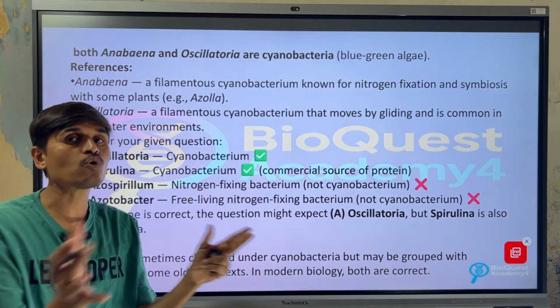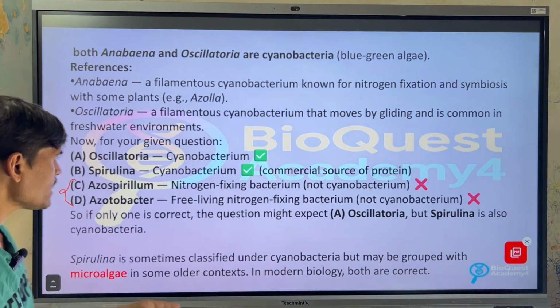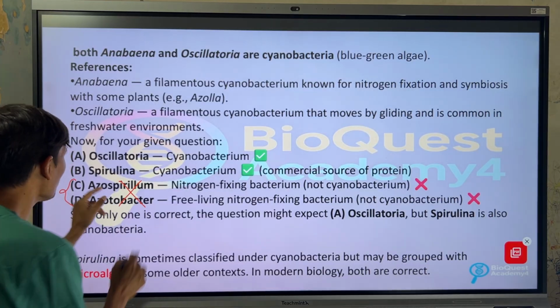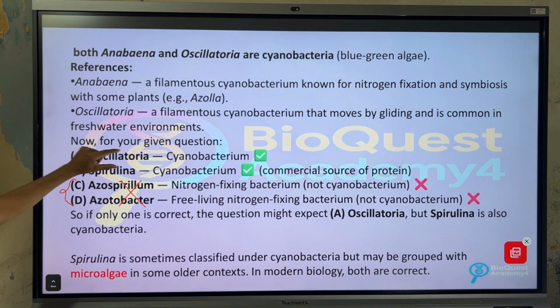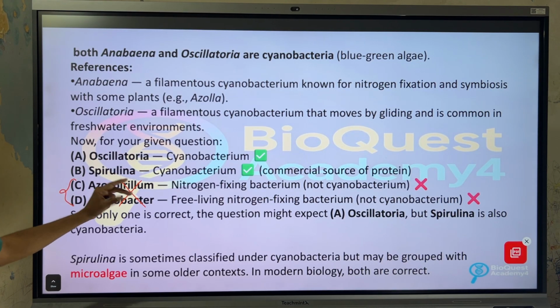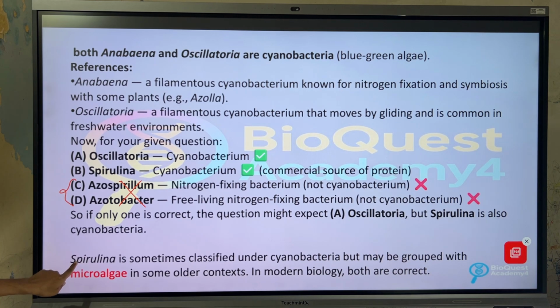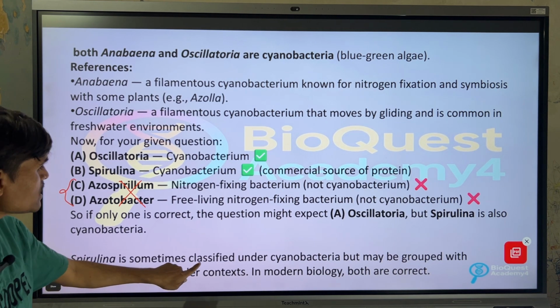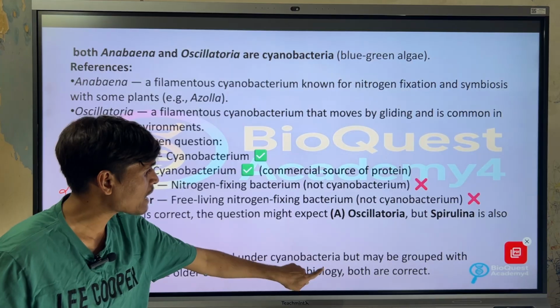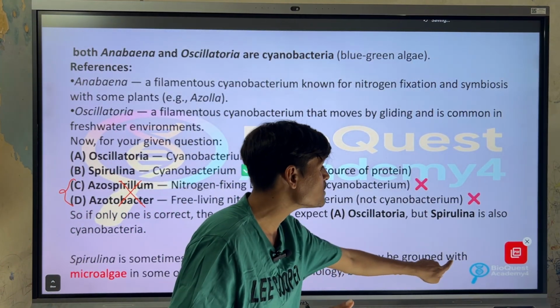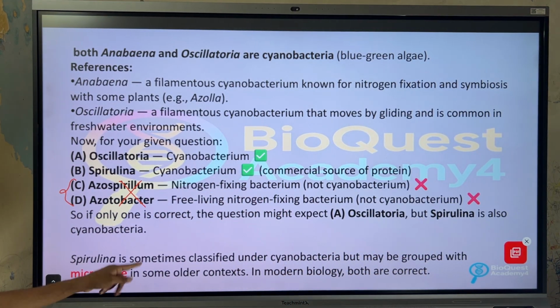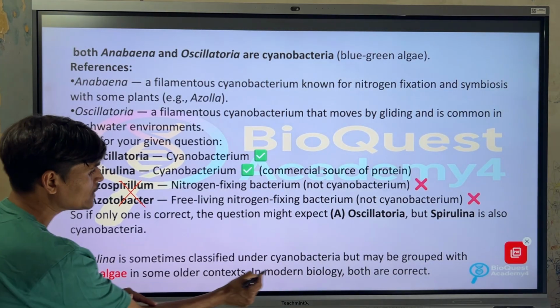They are heterotrophic bacteria. So these are not the options, but there is a tie between oscillatoria and spirulina. Both fall under the category of cyanobacterium. Spirulina is sometimes classified under cyanobacteria, but may be grouped with microalgae in some older contexts.